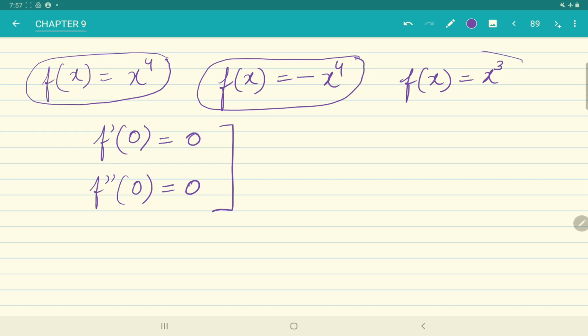And here, x equal to 0 is neither a local maximum nor a local minimum. So we can say x equal to 0 is an inflection point.